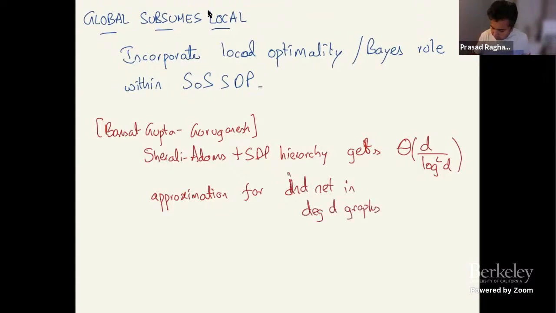But the proof involved really using a lot of results from graph theory. So we still don't know basically how to make global subsume local in any of the contexts, the stochastic block model or optimization.